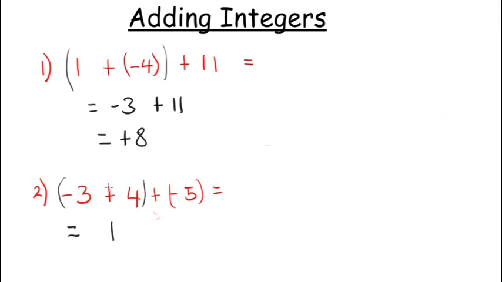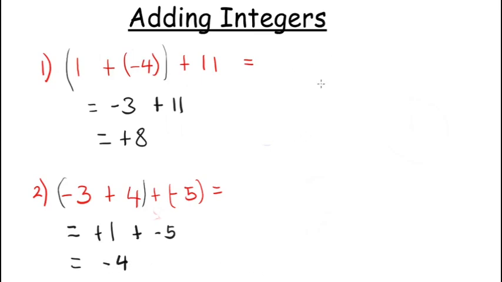The bigger integer is positive, so it is a positive 1. This positive 1 is being added to a negative 5. Same procedure again. We subtract the absolute values. So 5 minus 1 gives us 4. The bigger integer is negative 5. Therefore, the answer is negative 4.